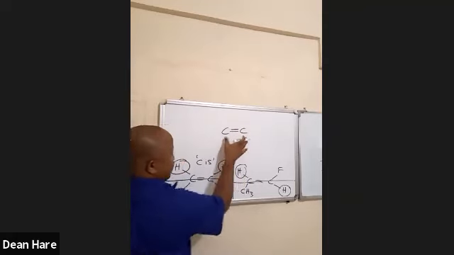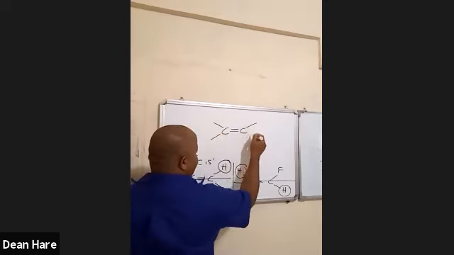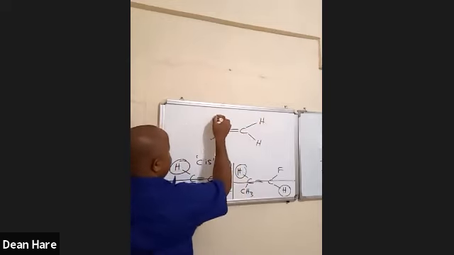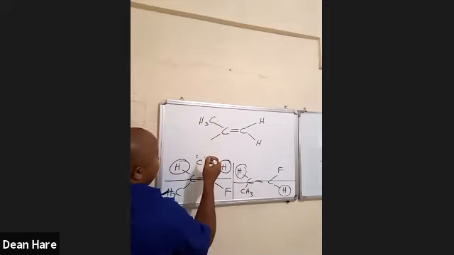So I'm going to erase it on the dry board. So you will draw the carbon to carbon double bond, and you draw the lines slant. All right. Two carbons.